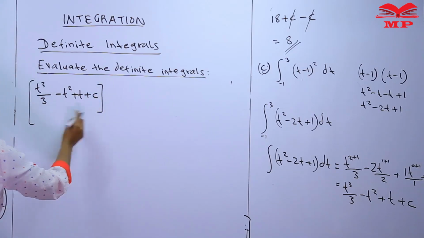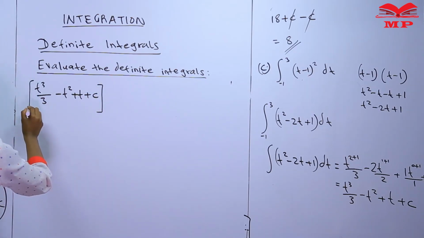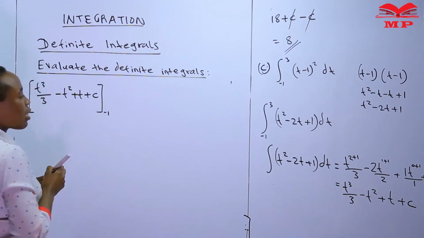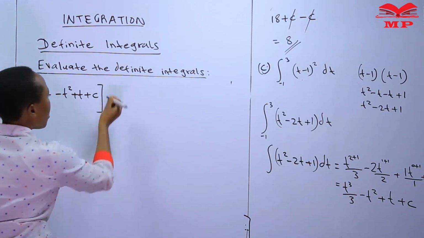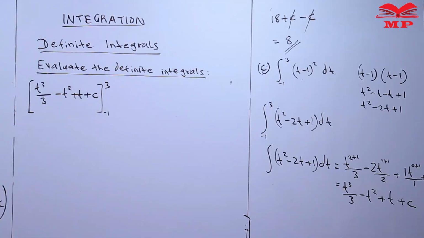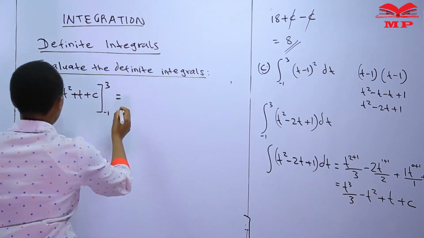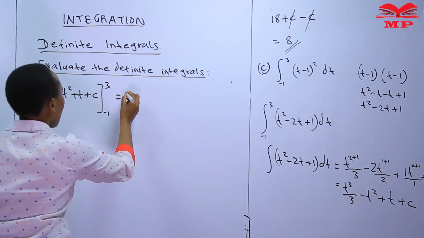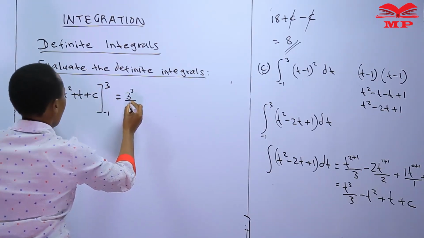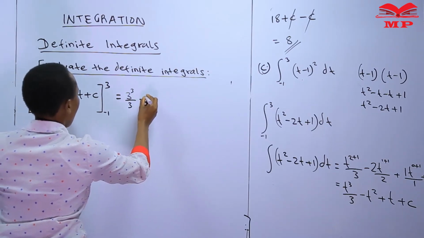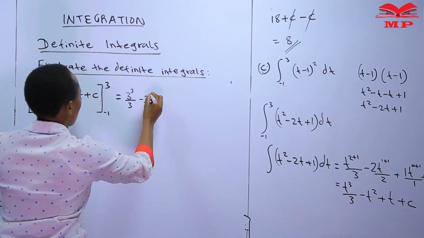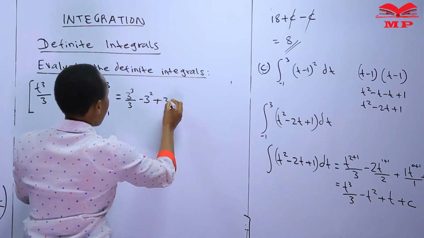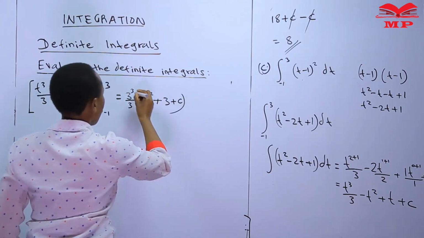And we put this square bracket to show that we are evaluating when t is -1 and when t is 3. In our case here, our t is 3 in the upper limit, so we have 3 cubed all over 3 minus 3 squared, then plus 3, then plus c.